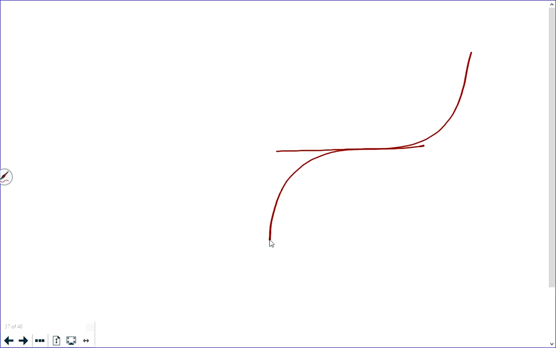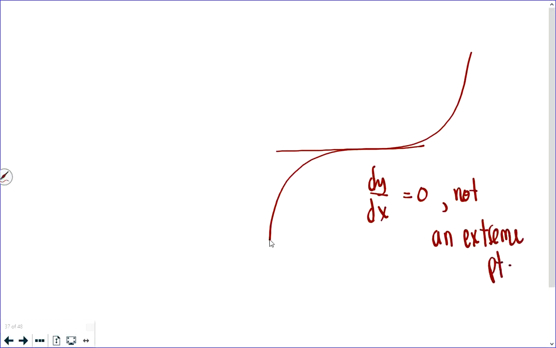So here, dy dx equals 0, but it's not an extreme point. It's not a max or a min. Then again, and I'm talking here about all of the possibilities, it's going to get complicated, I can have a maximum or minimum and the derivative is not 0.